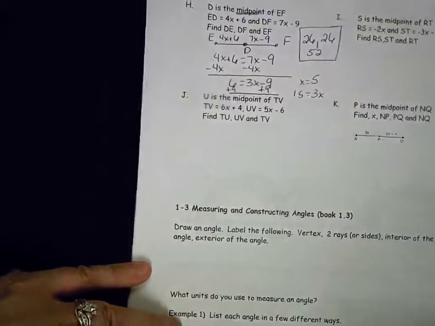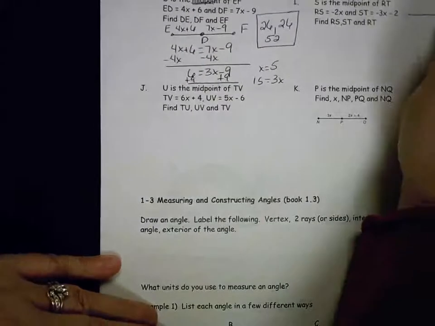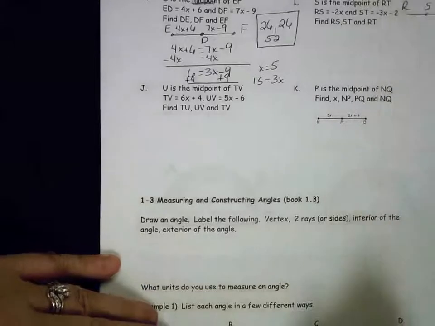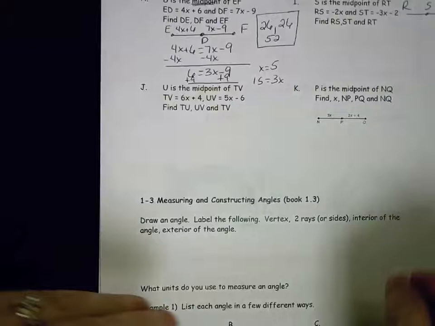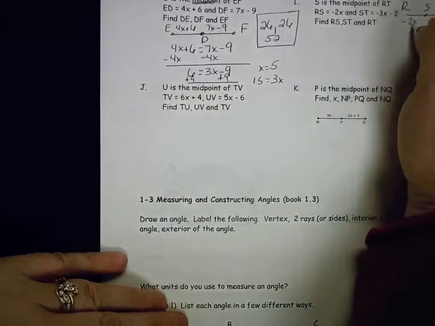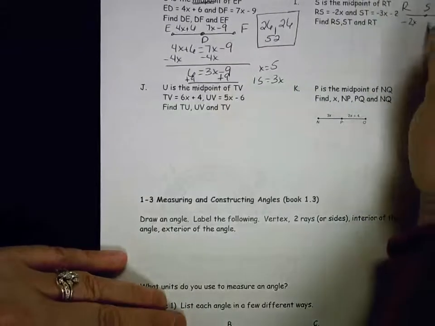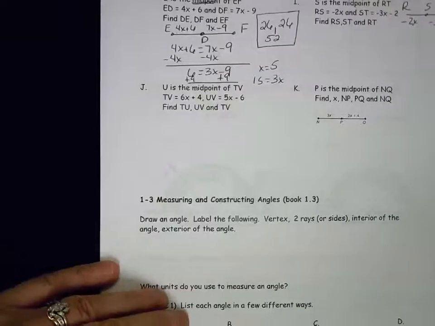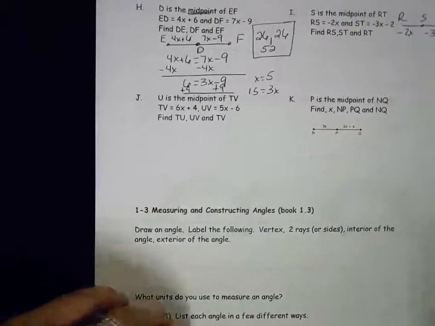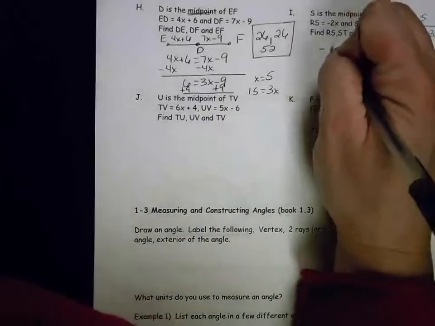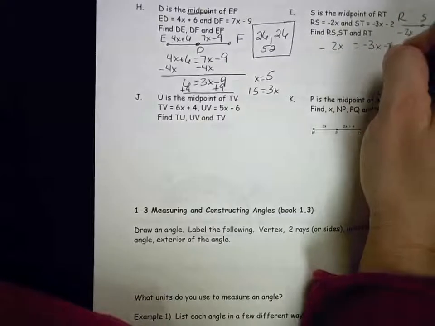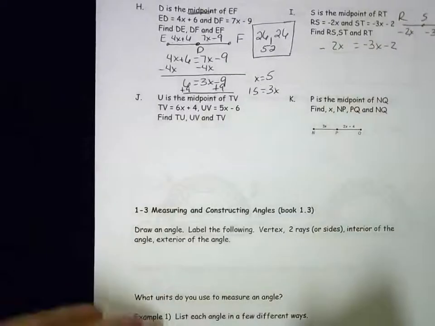Letter I, S is the midpoint of RT. So S is right there. RS is a negative 2x. ST is a negative 3x minus 2. And those negatives seem kind of strange, but trust me, they will work out. So negative 2x equals negative 3x minus 2.